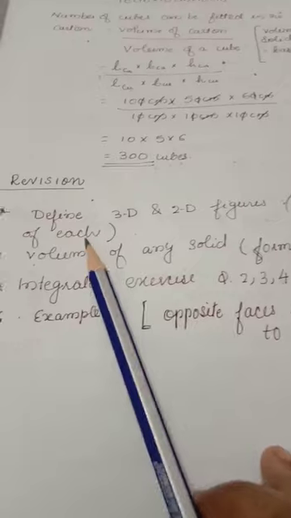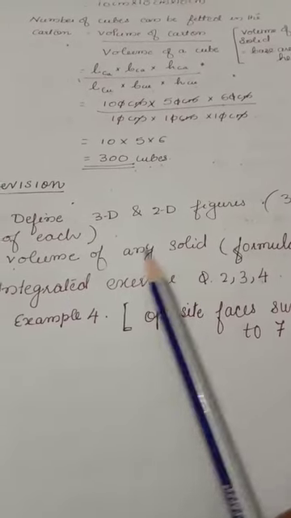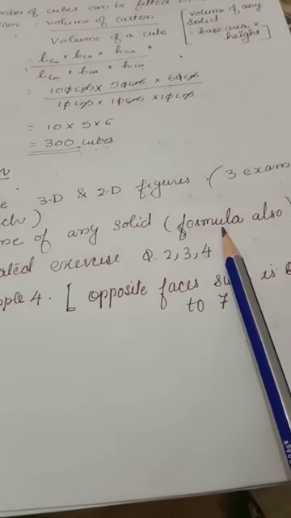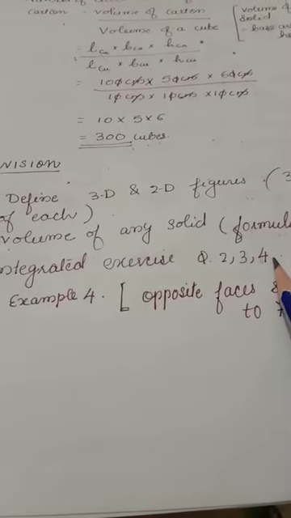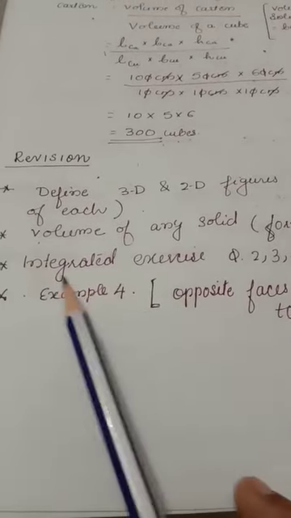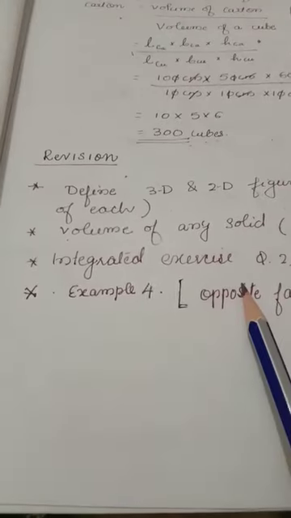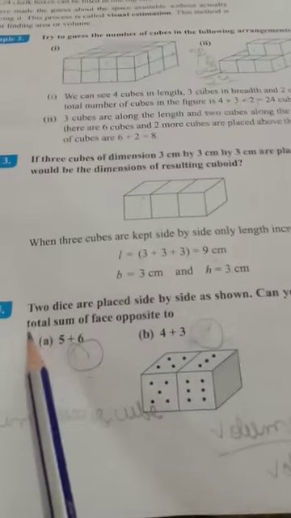Volume of any solid, definition and formula. Integrated exercise question number 2, 3, 4 you have to solve. Example 4 of this chapter. Chapter 16 example 4. One typical question.